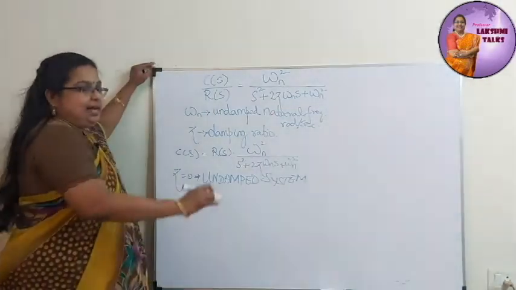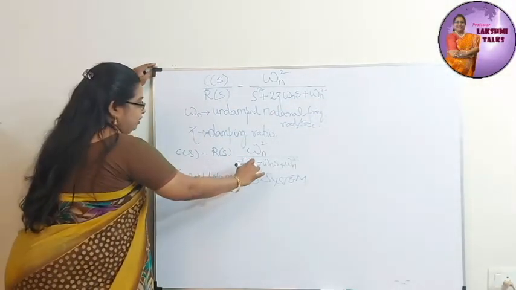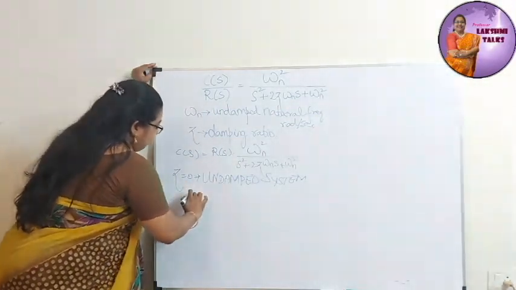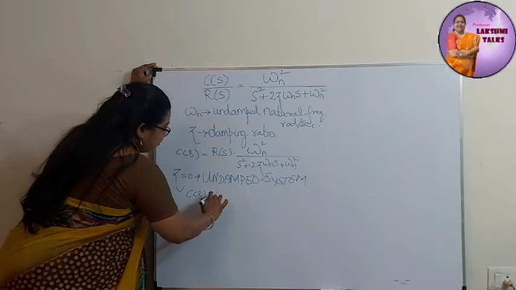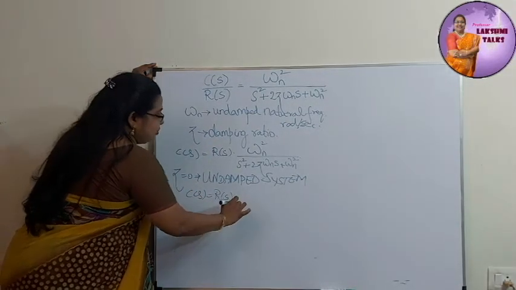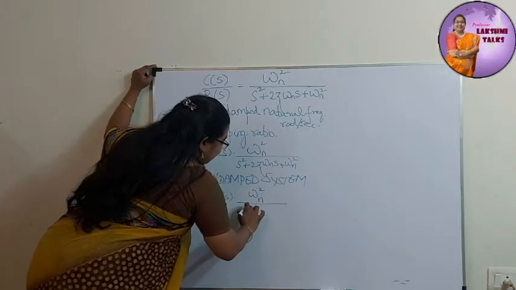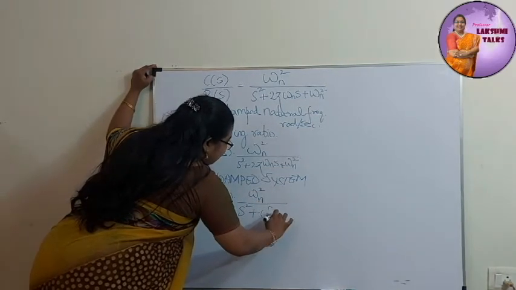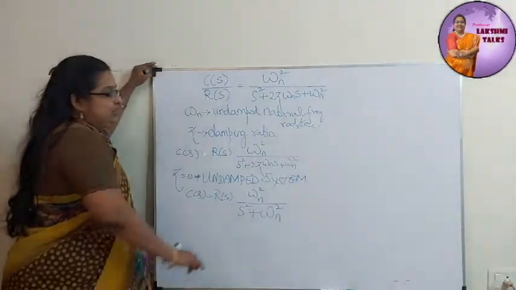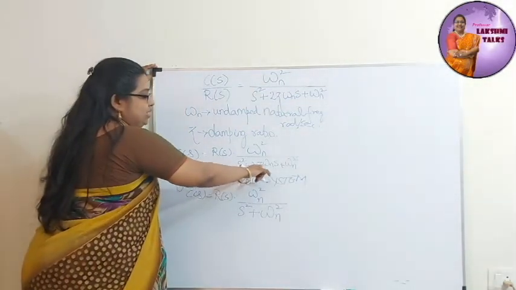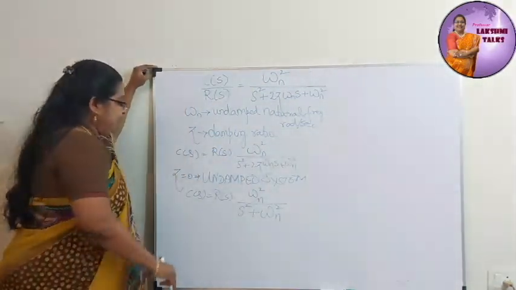For an undamped system, when we apply zeta equal to 0, what will be C of s? C of s is equal to R of s into omega n square divided by s square plus omega n square. Right? Since zeta is equal to 0, the 2 zeta omega n s term will vanish.